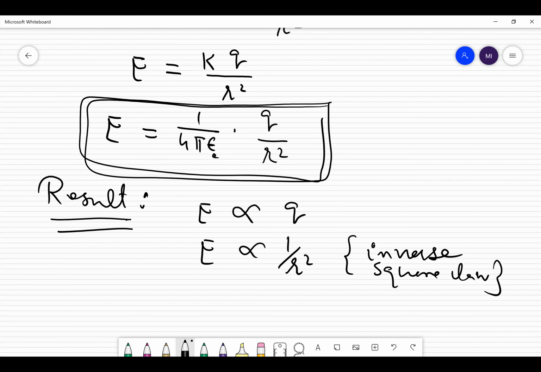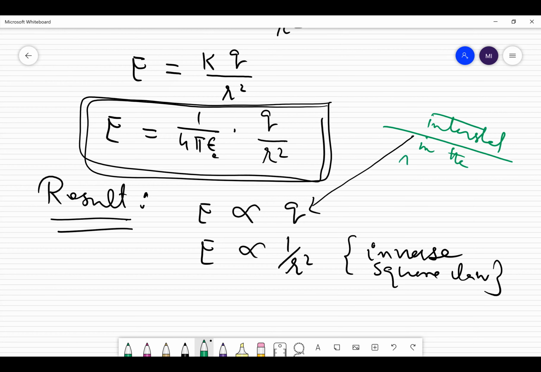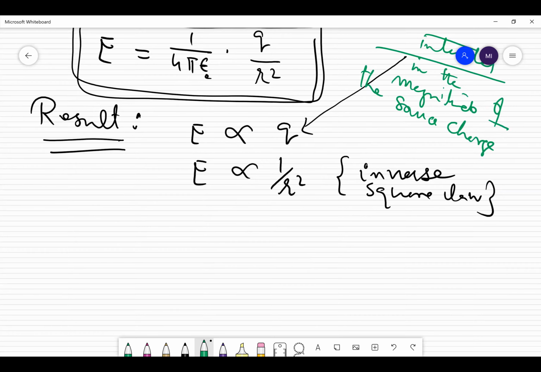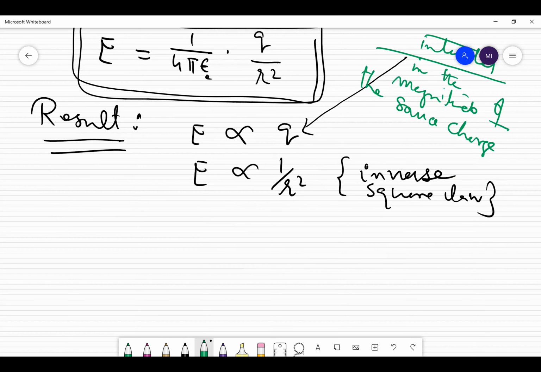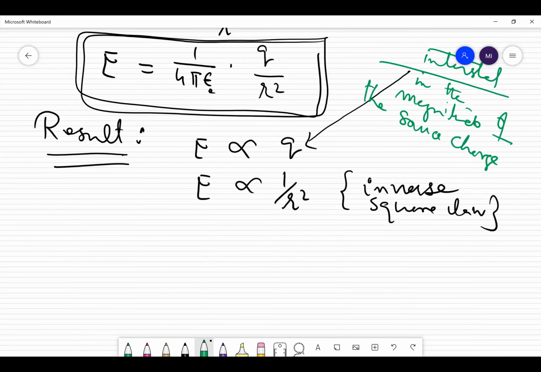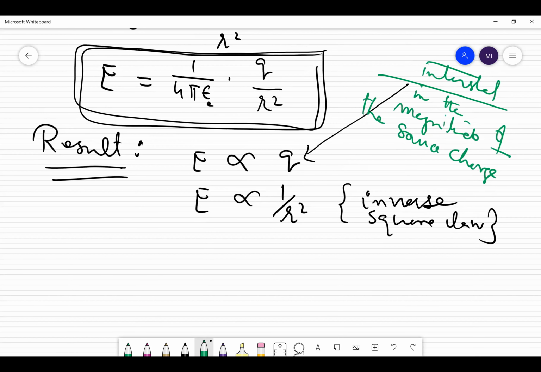This is why we are always interested in the magnitude of the source charge. The greater the magnitude of the source charge, the greater will be the electric field intensity. This is one result.